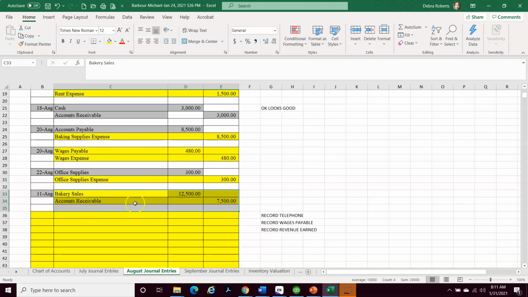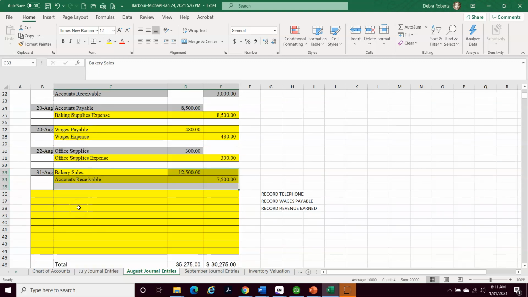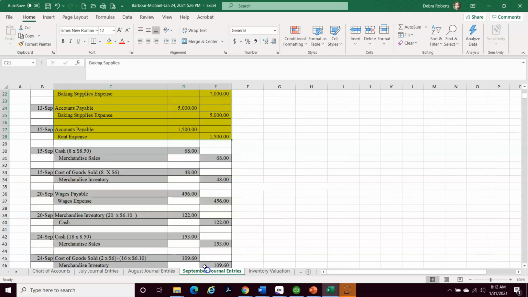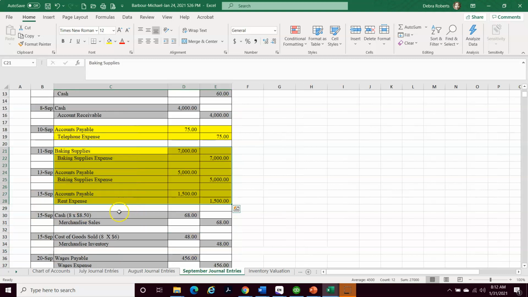So this entry obviously is not in balance, but it also has to be recorded correctly, meaning the revenue should never be debited. Now, again, you have to record your wages payable. I think you recorded it here, but you recorded it in reverse. You'll need to make that change, and you'll also have to record your telephone receipt of the bill.